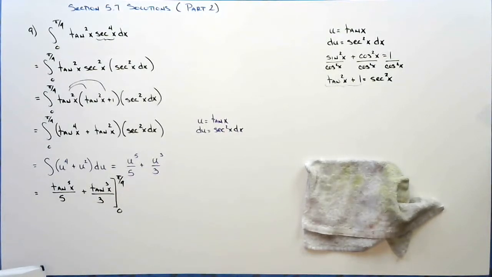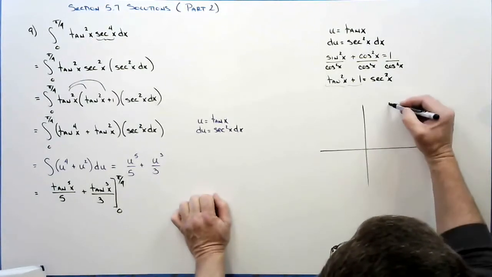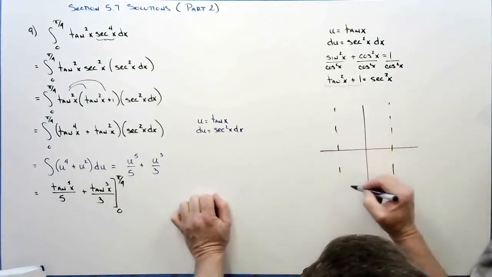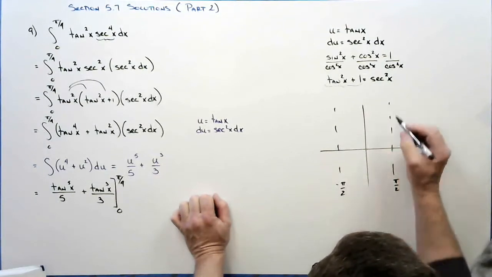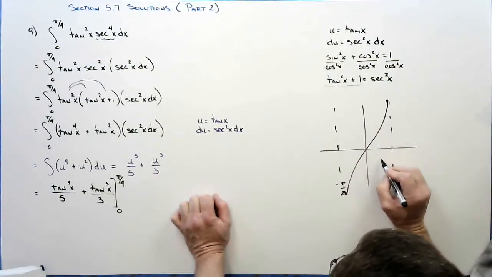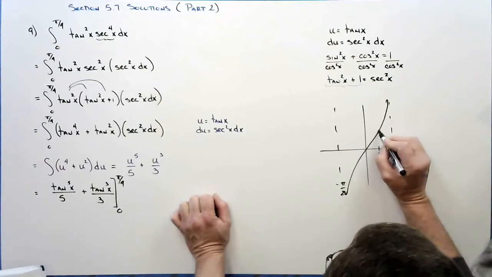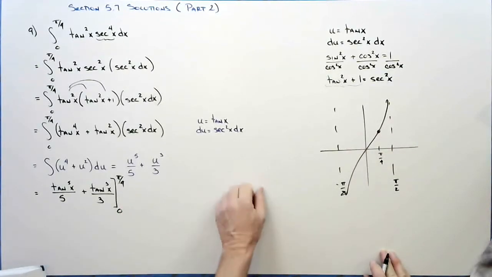Okay. So now we're going to have to remind ourselves what our graph of tangent looks like. Now remember our graph of tangent. We have asymptotes at pi over 2 and negative pi over 2. And this is just one phase of the graph of tangent. At pi over 4, we have the famous tangent of pi over 4. We're going to be evaluating that here in our problem.